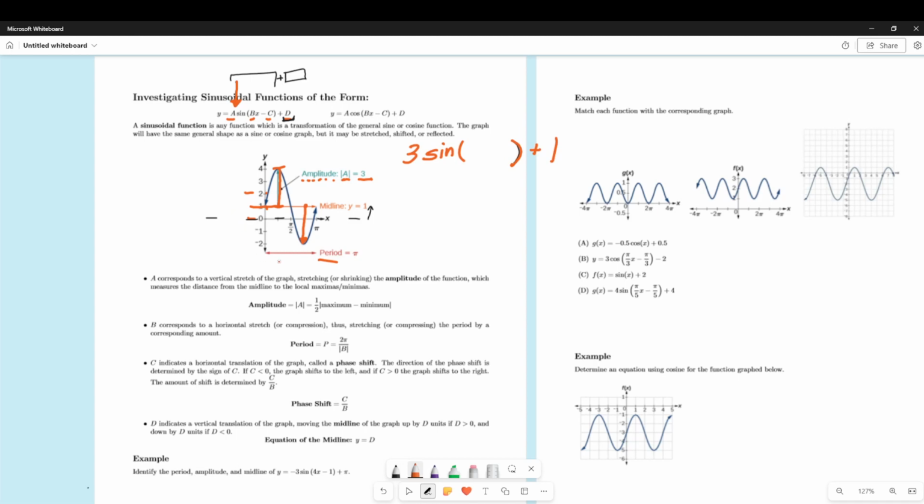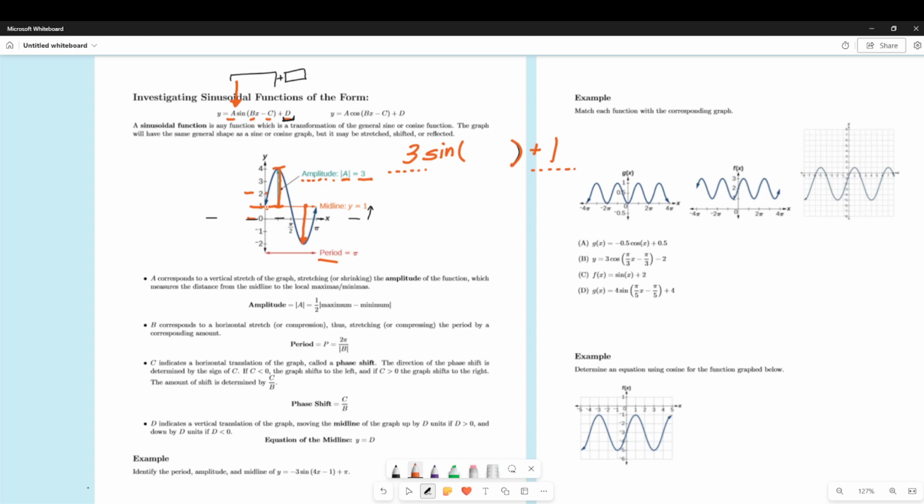It's just pushing everything up by 1 unit, changes where our midline is. So essentially, I like to think of our sinusoidal function as centered along this value and trapped up and down by that value. So we're centering at 1 and then going up and down by 3 for this particular case.